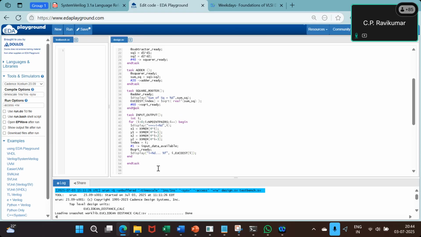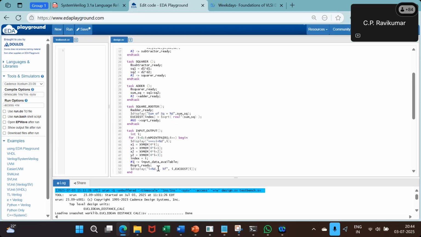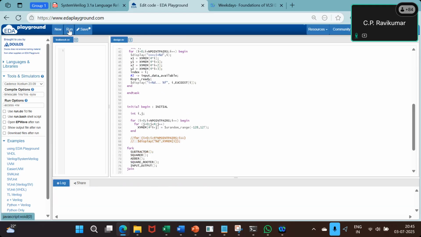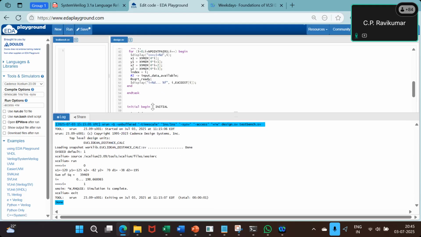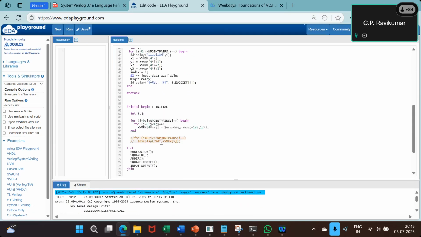What if I make all these tasks take 2 nanoseconds? Is that the reason? See, this could be causing that problem. We also write the time value here.